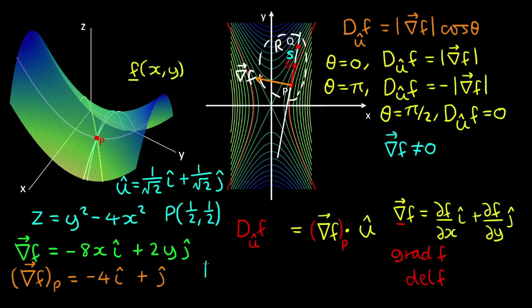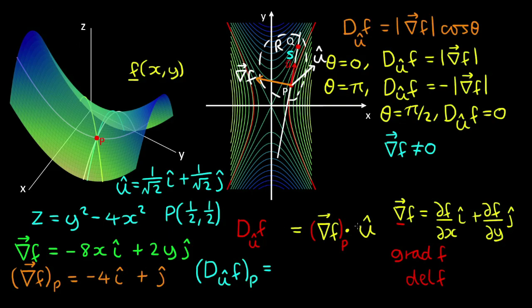So the directional derivative at point P is evaluated by taking the dot product between a gradient vector and a direction vector. Here we're finding the derivative in the direction of u, which points in this direction, being 45 degrees from the horizontal.